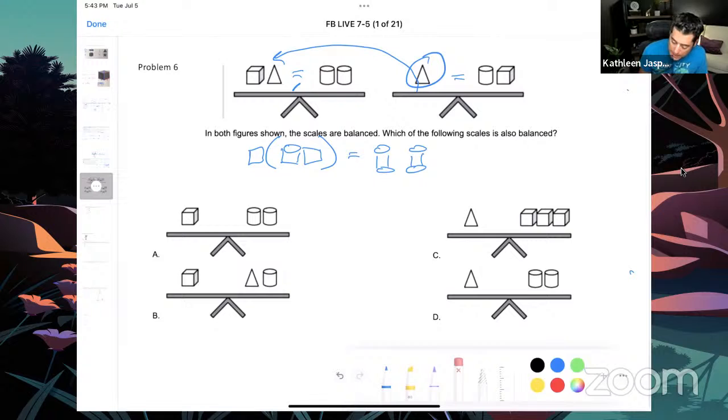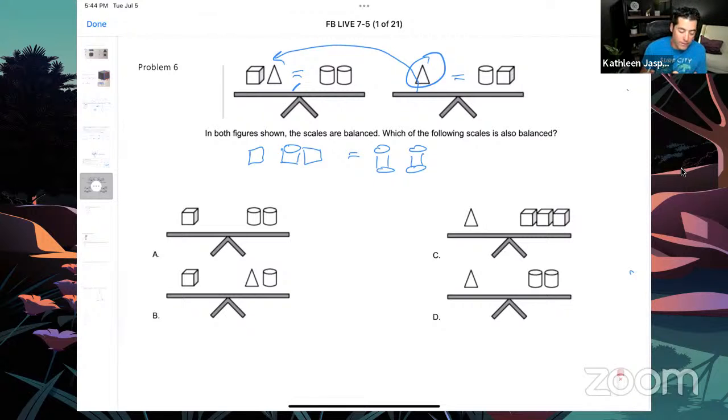So now, again, just like math, if I have the same value, now look, I'm not multiplying, I'm not dividing, I'm not doing anything else. I just have a cube, a cylinder, and a cube, and then 2 cylinders here. Well, what do you know about balancing equations?